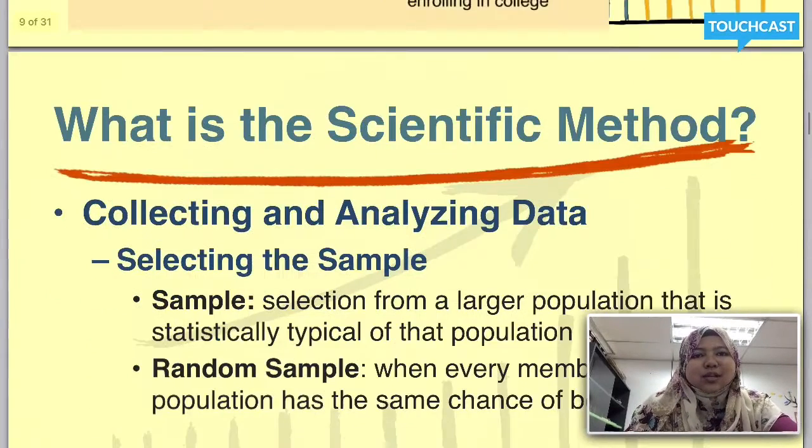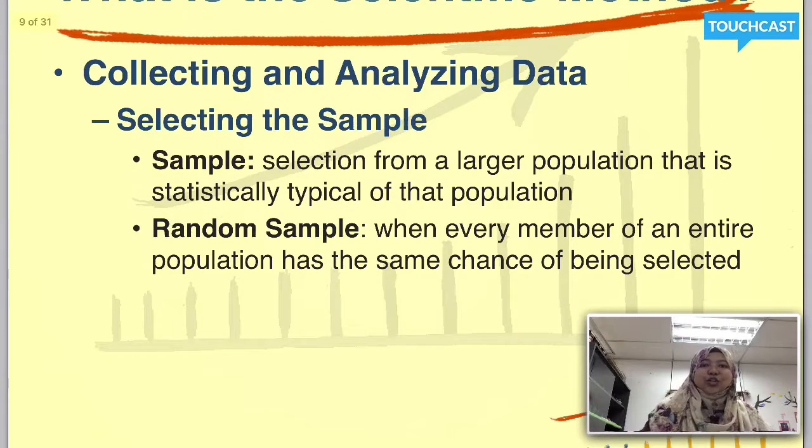Okay, moving on to how you collect and analyze data. First thing first, you need to know your sample. A sample is the selection from a larger population that is statistically typical of that population. For instance, in Malaysia, you cannot do research with the whole Malaysian population.